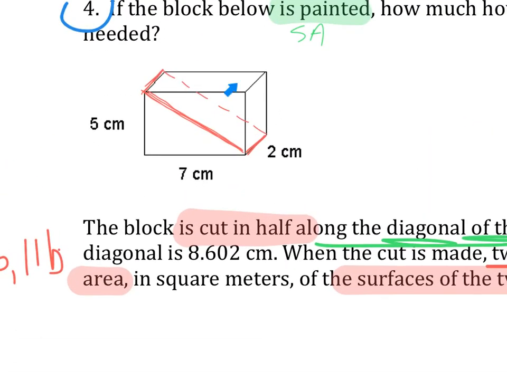When I pull this apart, I pull this part this way and this part down. I'm going to form 2 triangular prisms. And so the shapes that are not painted, those cross sections that are exposed, are these rectangles right here. I say rectangles because there will be an unpainted rectangle on the top prism and an unpainted rectangle on the bottom triangular prism.